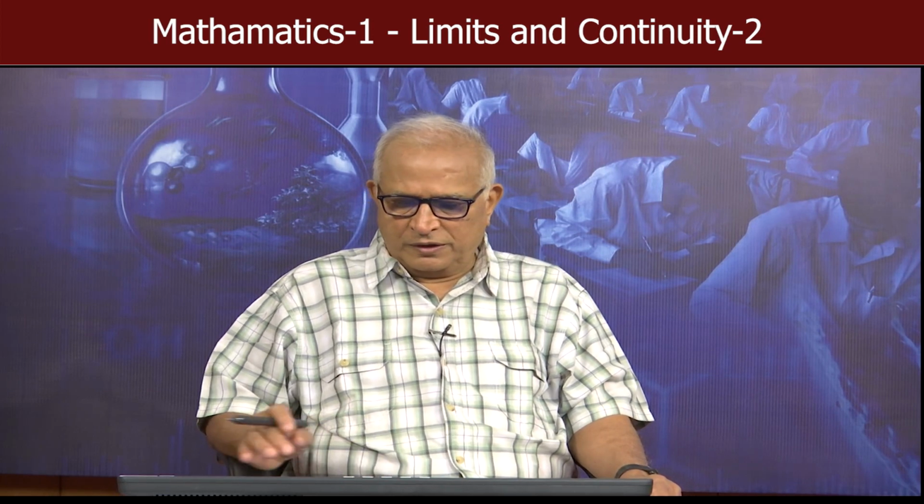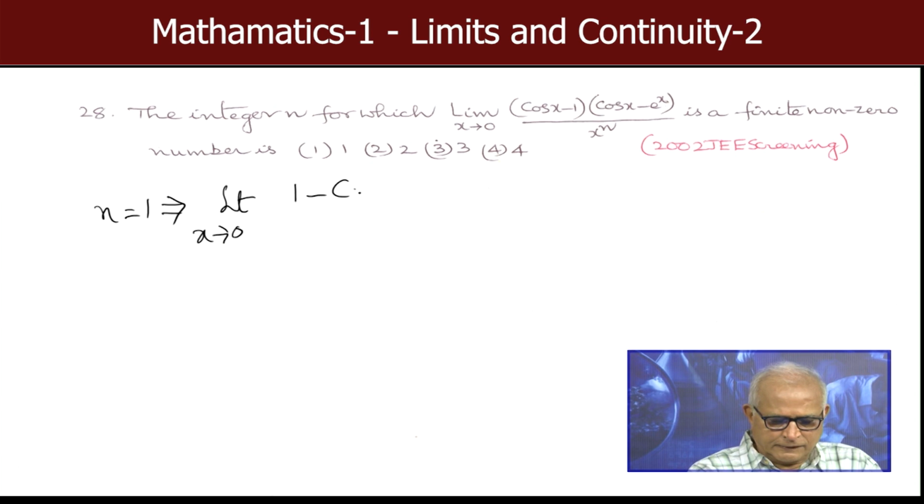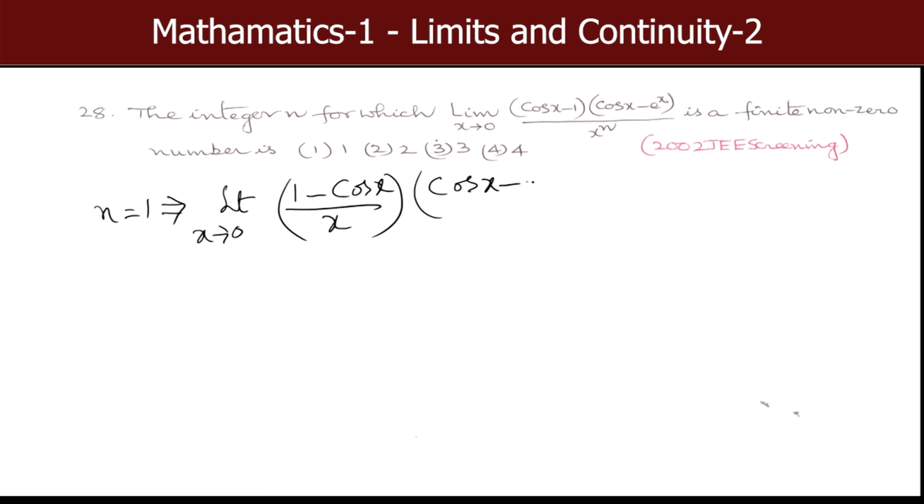Now, we make use of n equal to 1. The limit is (1 minus cos x) by x into (cos x minus e power x).